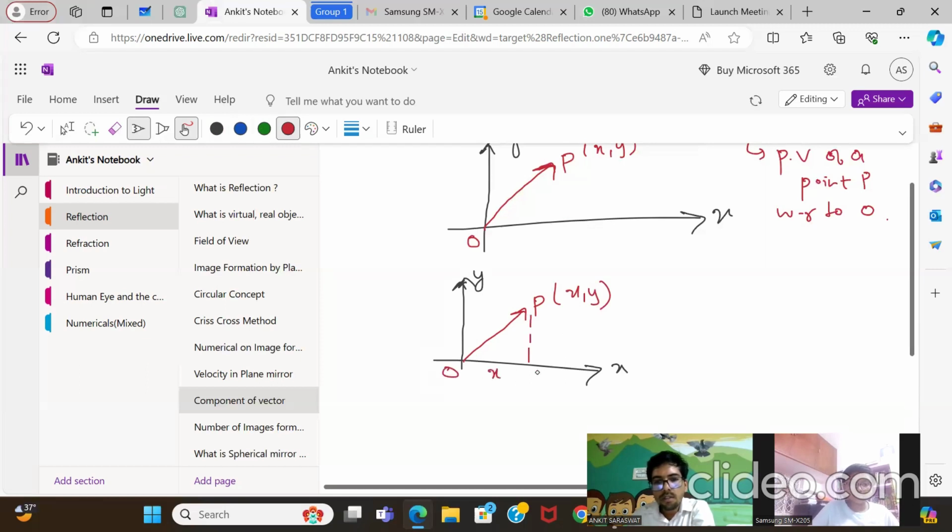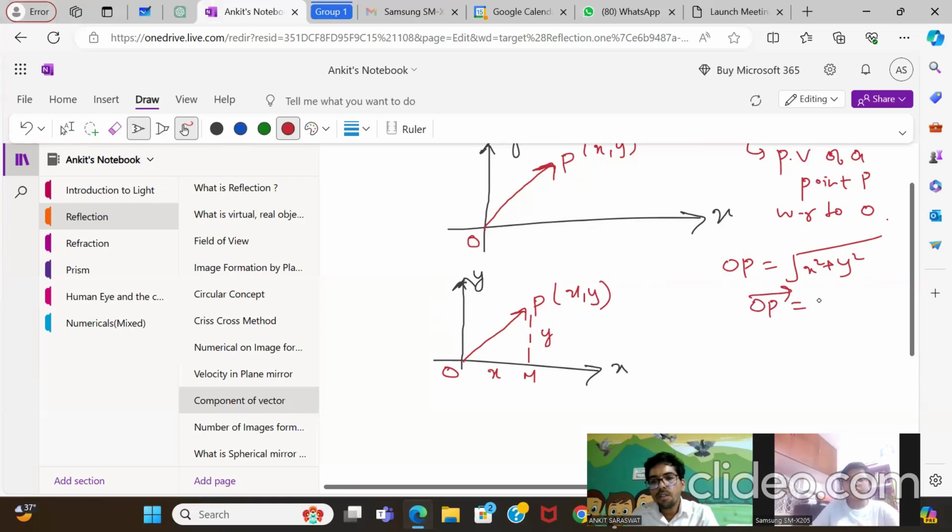This is x. This is y. Clear? If this OM is x, PM is y, then how much is OP? OP is under root x square plus y square. So this under root x square plus y square is the magnitude of this OP vector.